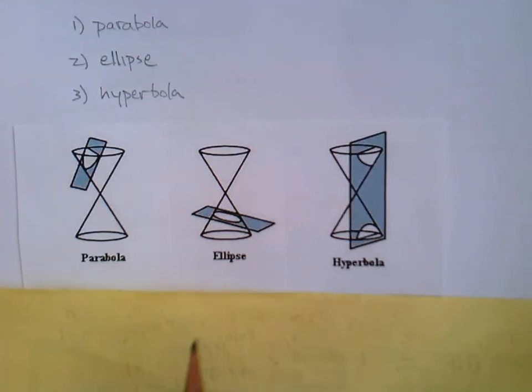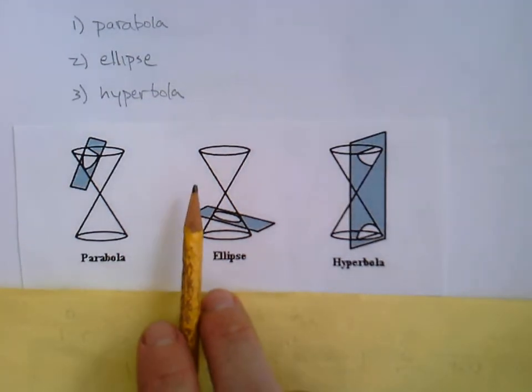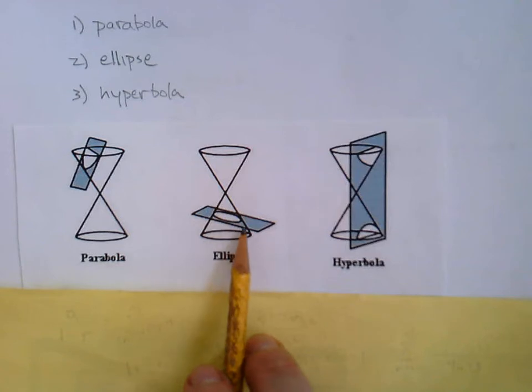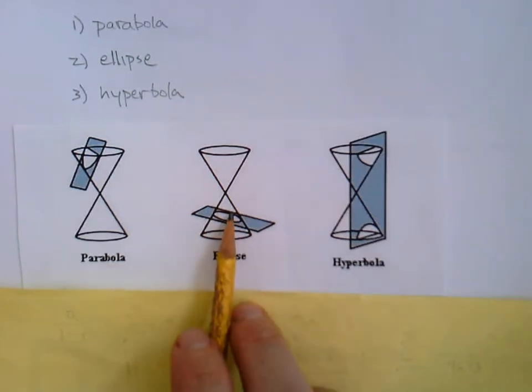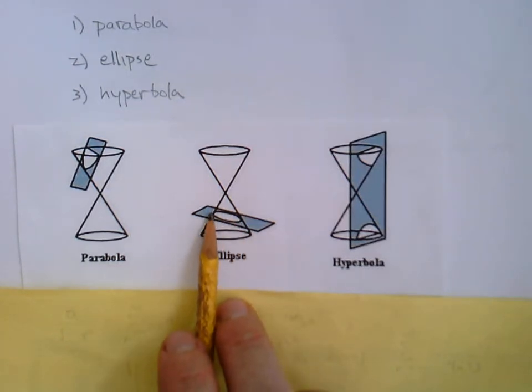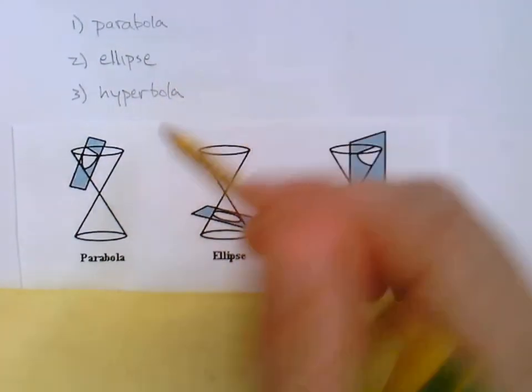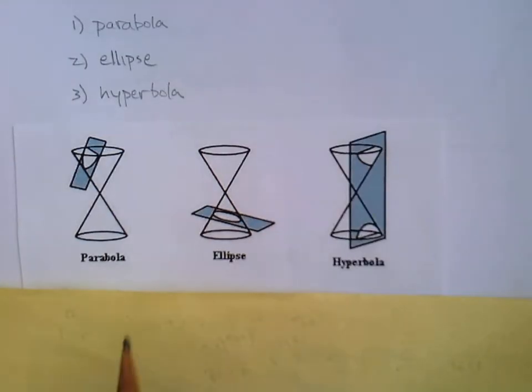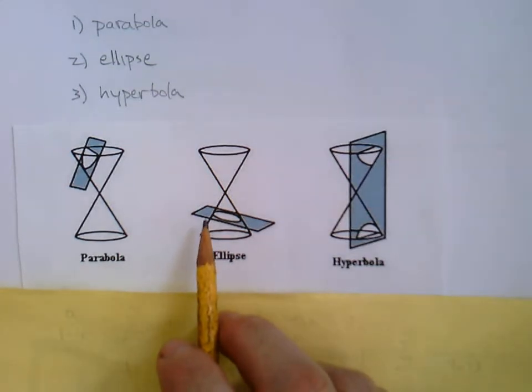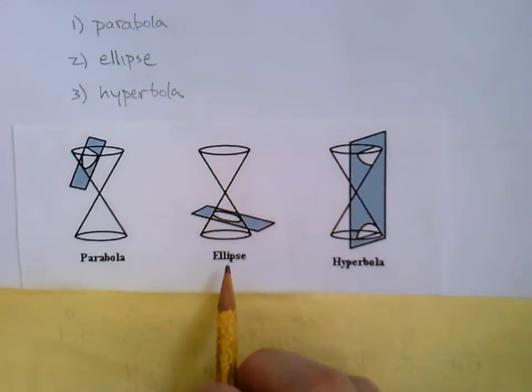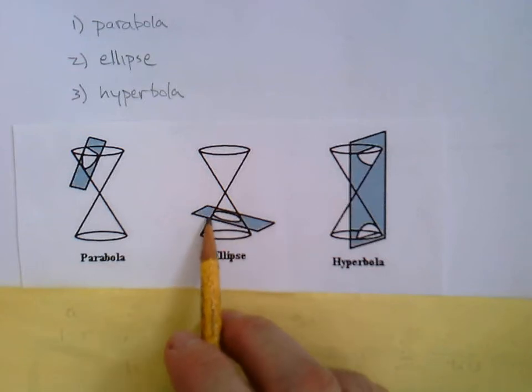The ellipse, if you were to cut either the top or the bottom, all the way through and then look at the cross section, that makes this elongated circle, right? An ellipse. I don't list the circle as one of the conic sections because a circle really is just a special case of the ellipse when you cut it straight across, straight even.